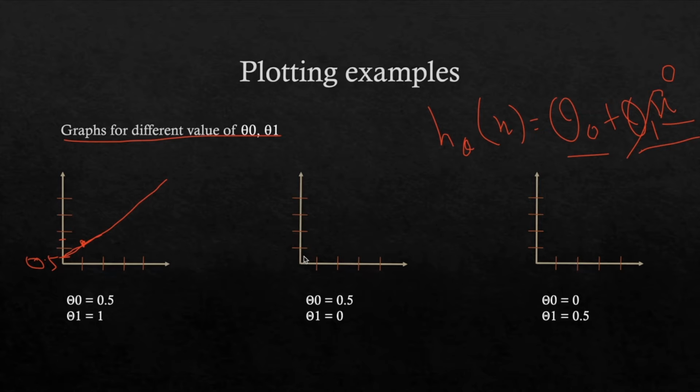So the output will be the same, theta 0, for all the values of x, giving a horizontal line. These are the plotting examples. I hope you all have understood it better.